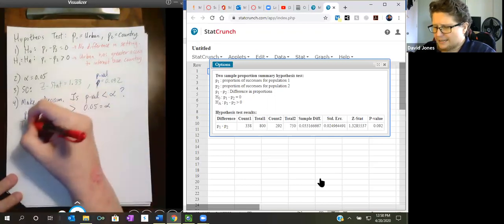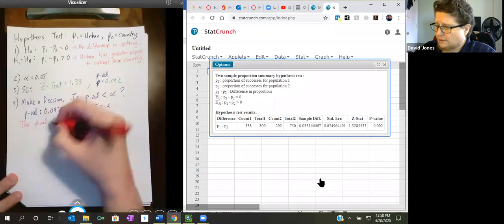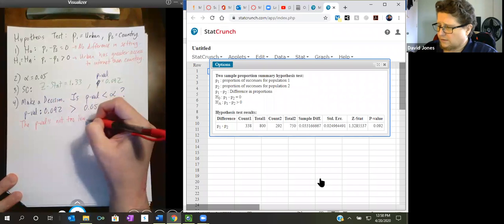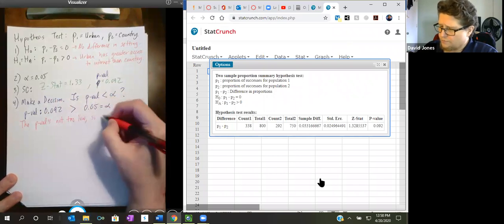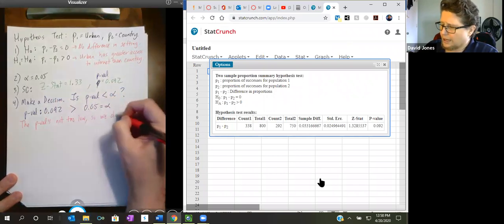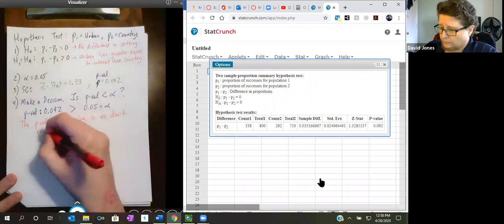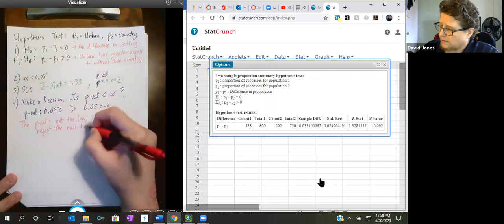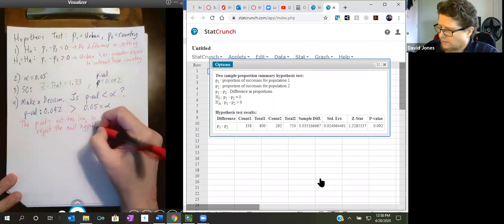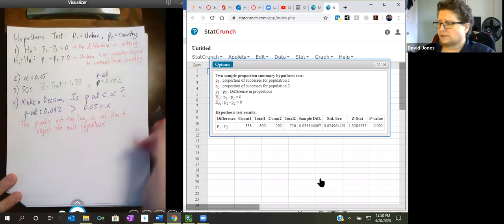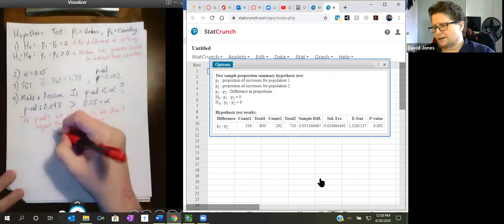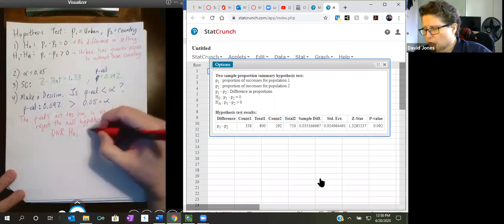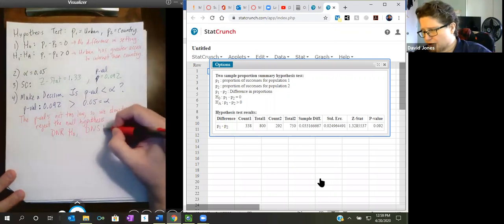The p-val is not too low. So we don't reject the null hypothesis. So DNR H0, do not reject the null hypothesis, which means we do not support HA.